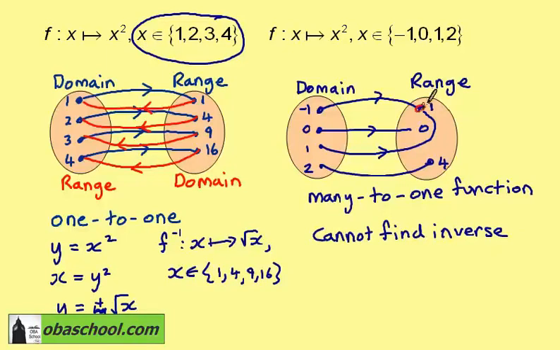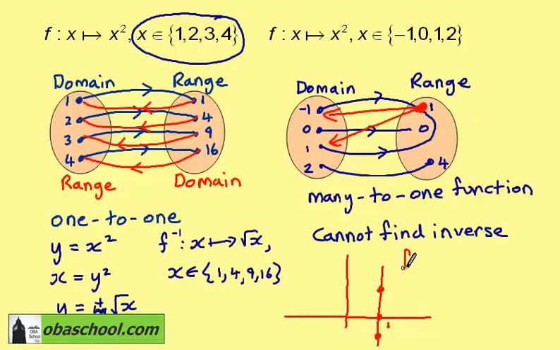The reason this won't work is if we consider the value 1 in the range of the original function, our inverse would need to map it both to 1 and to -1. So it would be taking two different values. On a graph, this means that x is 1 would be mapping to y is -1 and y is 1.